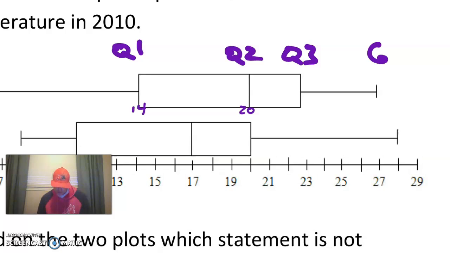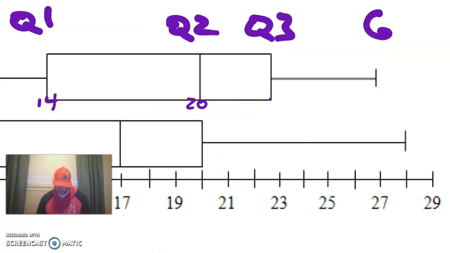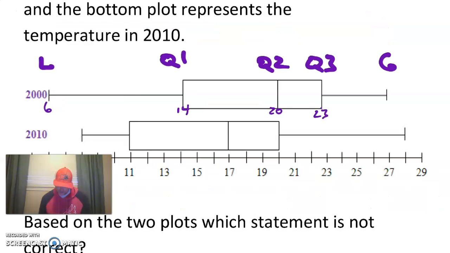And quartile three, that's hard to tell. I'm going to call that 23. And then the greatest value on that one is 27.